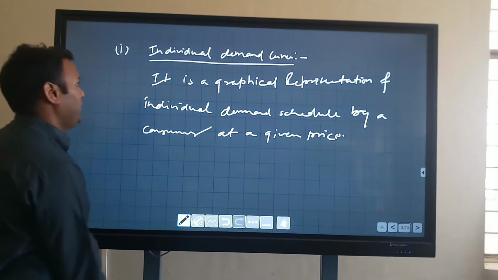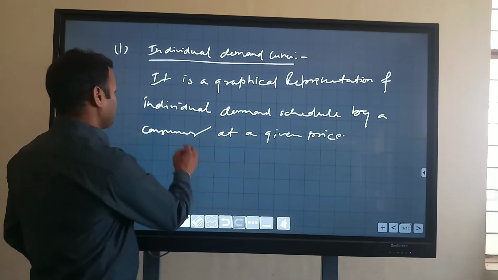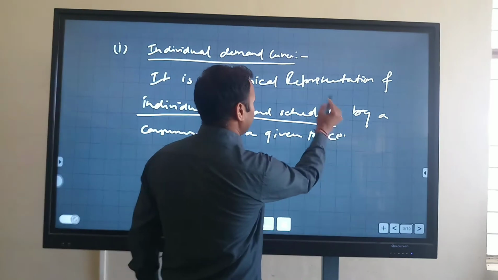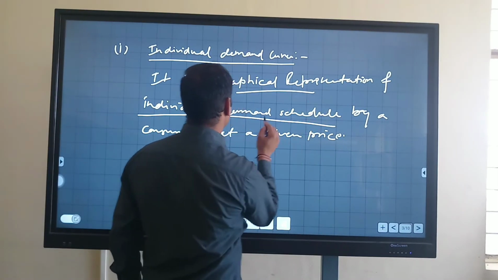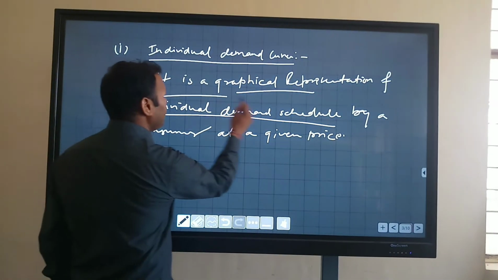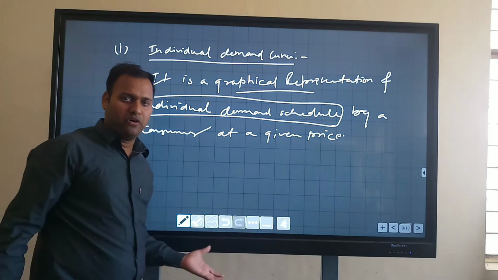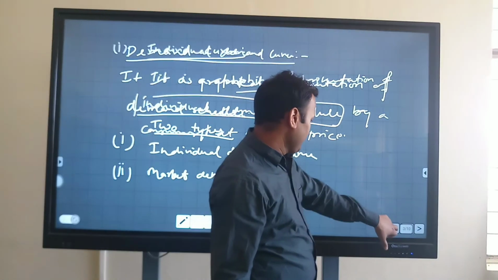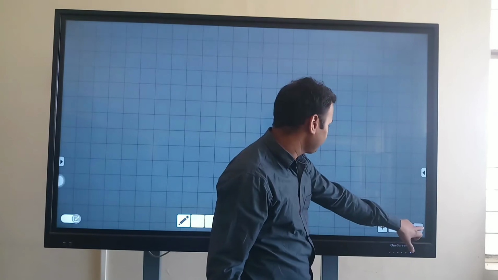That is called the individual demand curve. So it is basically the graphical representation of the individual demand schedule. In the previous video we already discussed the individual demand schedule.